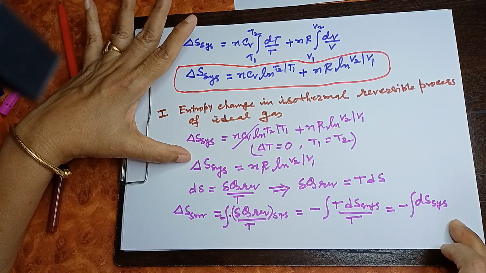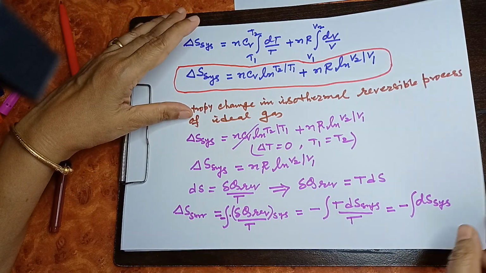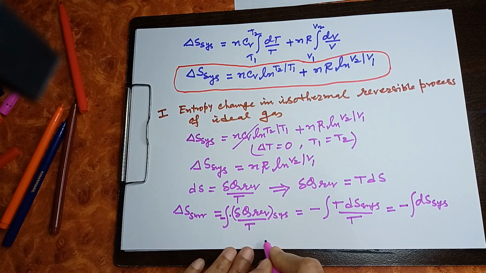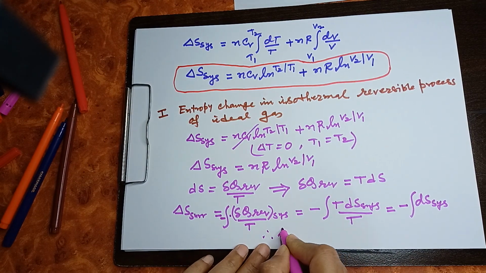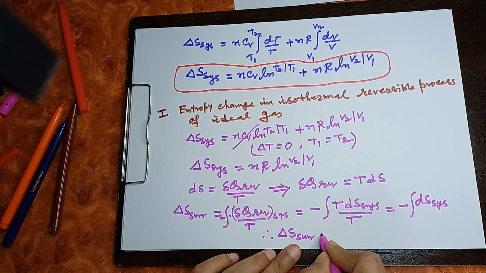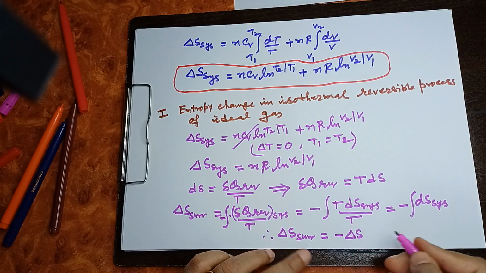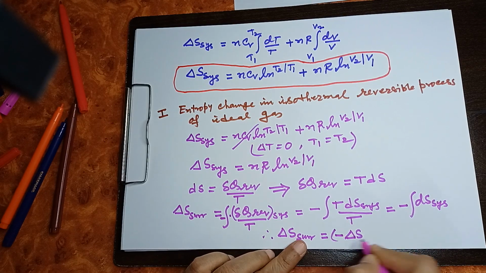So this is in terms of small one. Therefore, overall entropy change of surrounding, delta S surroundings, if I want to write, that will be minus delta S, you can write in terms of system, delta S system.